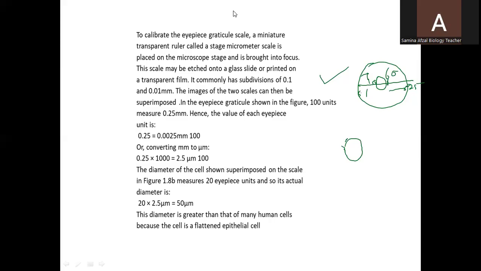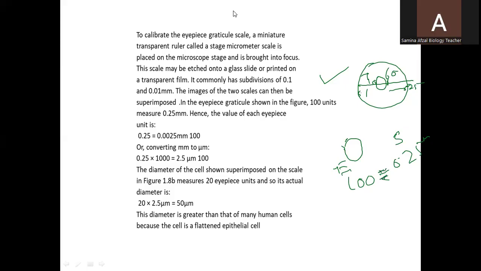In this case, 100 units are equal to 0.25 millimeter. So when we keep them, this is the eyepiece reticule, and this is the stage micrometer. They are equal in this way.